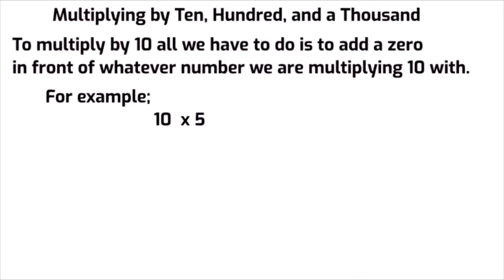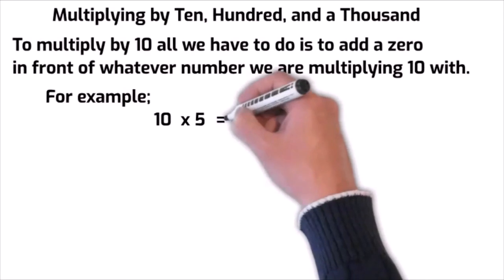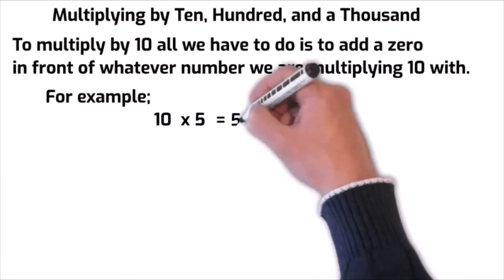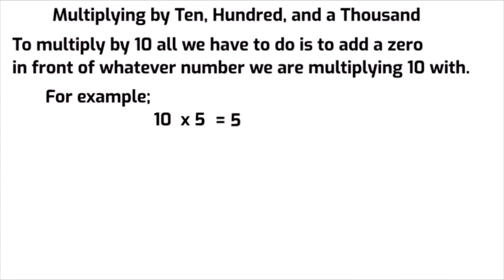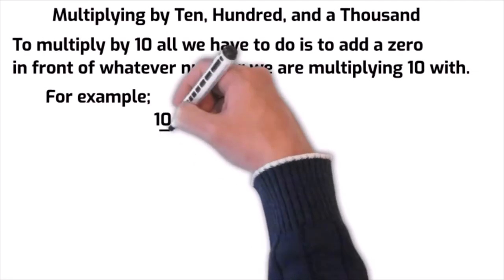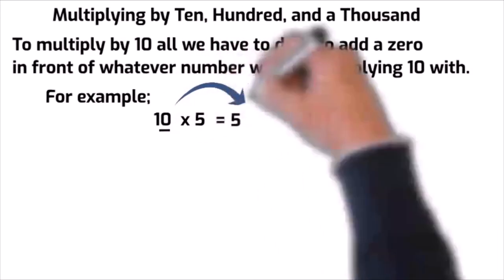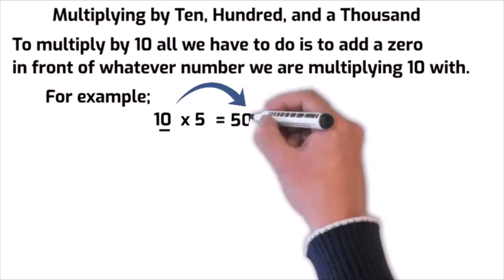How do we get the product of 10 times 5? Well, it is quite easy. All we need to do is to write down 5 and then add a 0 in front of it.